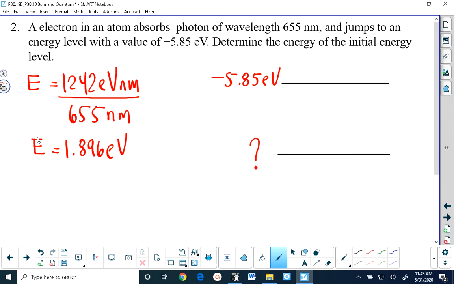Okay, so if we were trying to find the upper energy level like example 1, then you take the lower energy level, which we knew in example 1, and add the energy of the photon to get to the upper energy level. It makes sense then that if we're trying to find the lower energy level, like we are in example 2, you are going to take the upper energy level and subtract the energy of the photon.